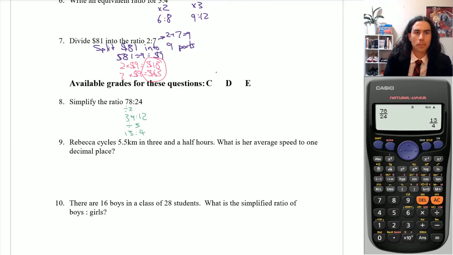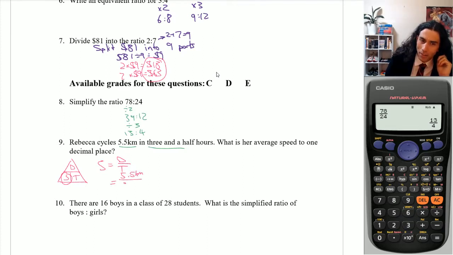Next one. Rebecca cycles 5.5 kilometers in 3.5 hours. Average speed. So, speed equals distance over time. That's left with distance over time. 5.5 kilometers, 3.5 hours.